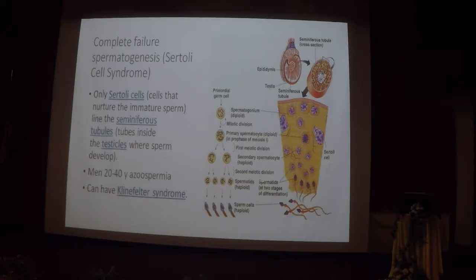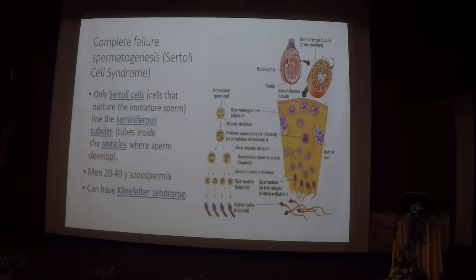This is quite interesting because people have claimed that they can get pregnancy by injecting spermatids during ICSI, but I'm a bit skeptical of that. But there are studies to show that they have got pregnancies. Unfortunately, those pregnancies all ended in miscarriage.